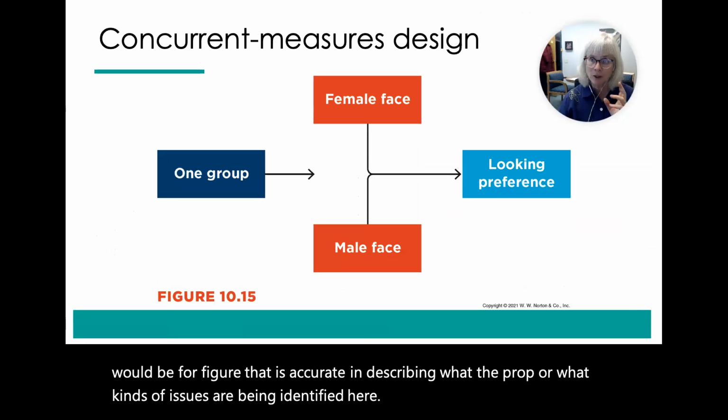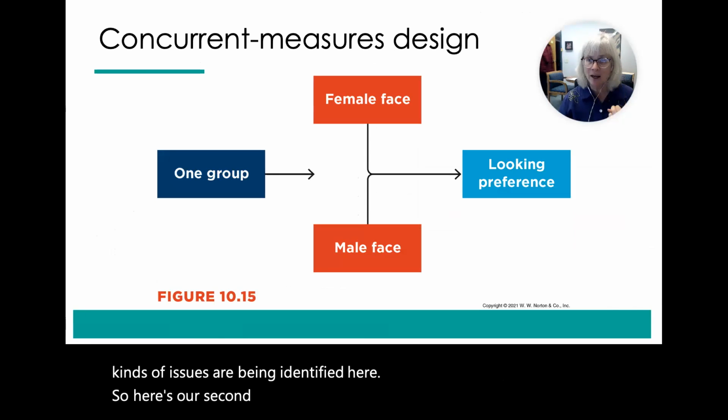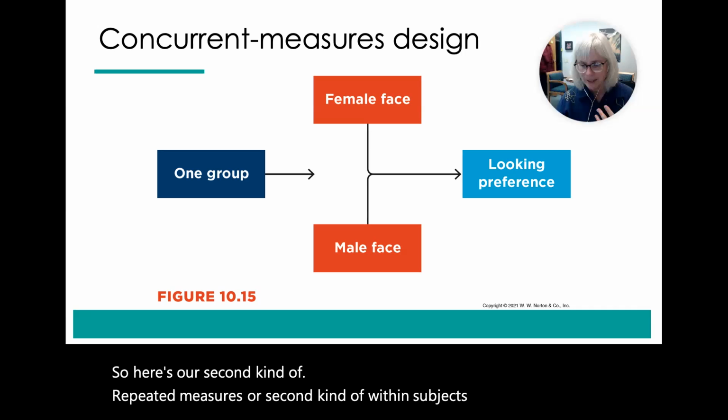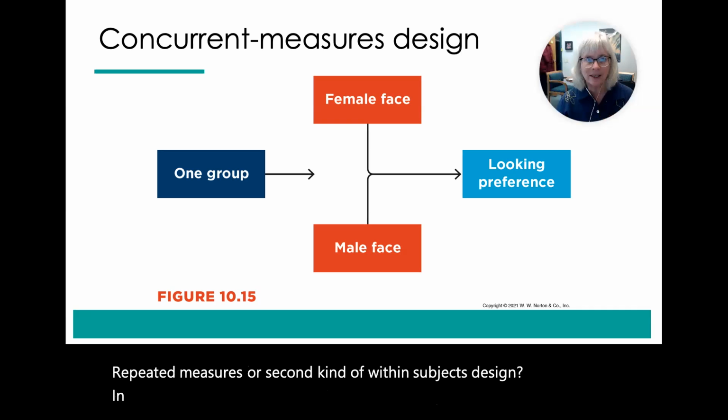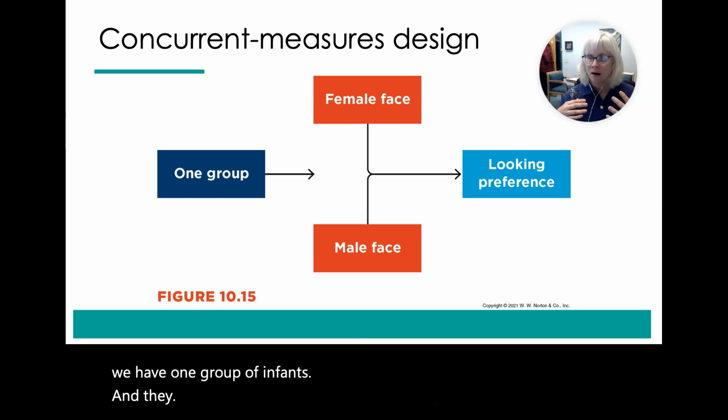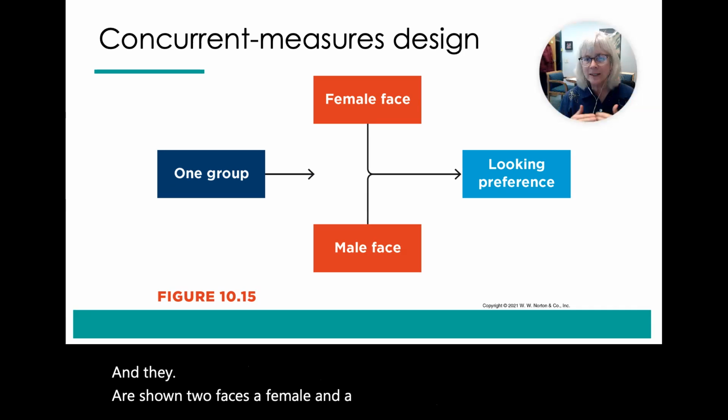So here's our second kind of repeated measures, or second kind of within subjects design. In these studies, we're looking at concurrent measures. So we have one group of infants, and they are shown two faces, a female and a male, and we're looking to see what preference they have for who they see.